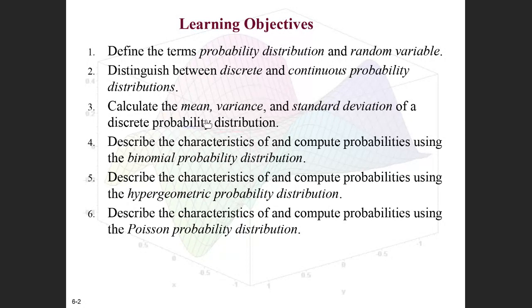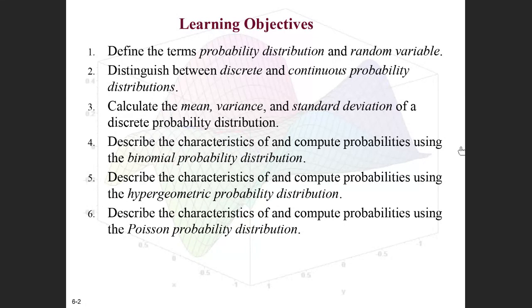Calculate the mean, the variance, and the standard deviation of a discrete probability distribution. You know what mean, variance, and standard deviation are. We haven't talked about a discrete probability distribution, but it's similar calculations. You'll learn how to describe the characteristics of and compute probabilities using the binomial probability distribution.